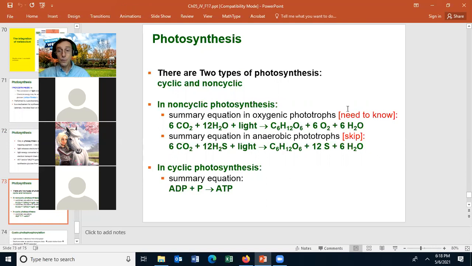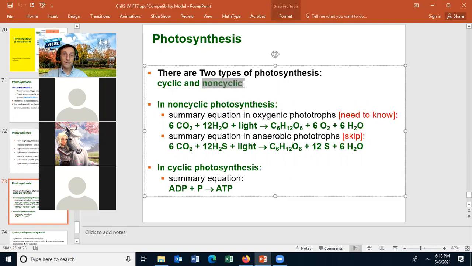There are two different photosynthetic reactions. You've probably only heard of non-cyclic photosynthesis. In non-cyclic photosynthesis, we combine 6 carbon dioxide, 12 waters in the presence of light to make glucose, C6H12O6, 6 oxygen molecules, and 6 water molecules.